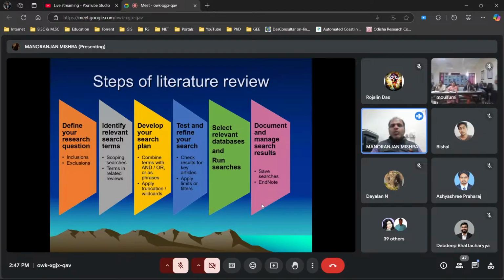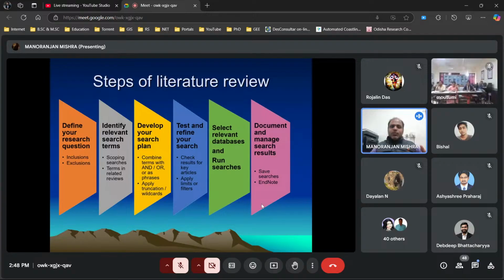The second part is to identify relevant search terms. As I said, it's a keyword. While writing a research paper, your title, abstract and keywords have to be optimized for the search engine. If I want to get citations, I have to optimize it. But here your objective is different; this is an algorithm. Scopus, Web of Science or any index search engine are algorithms.